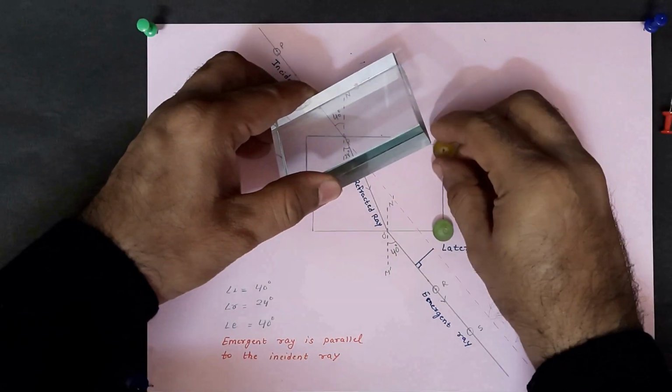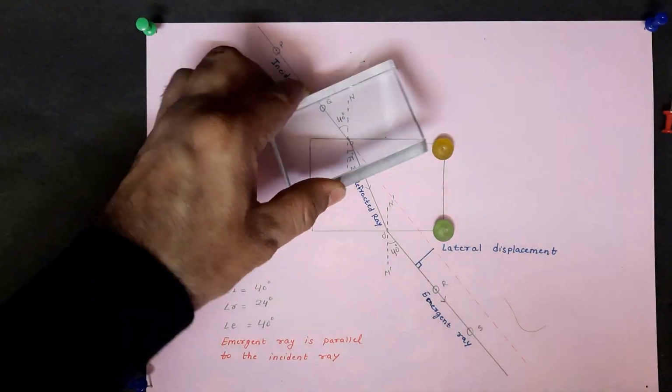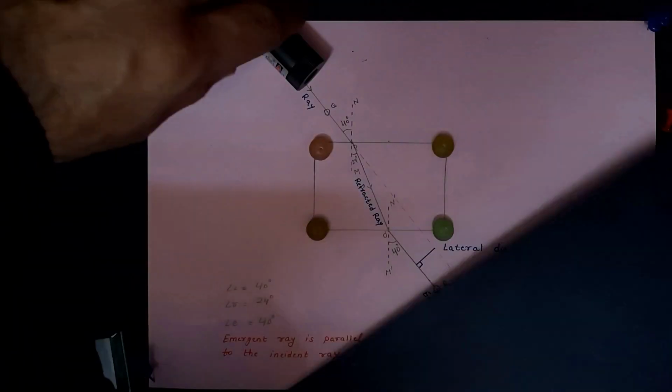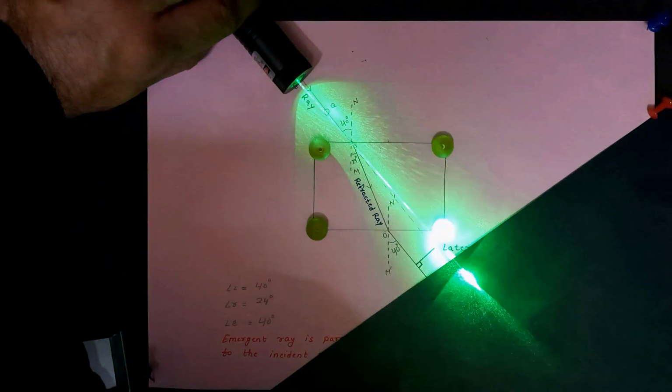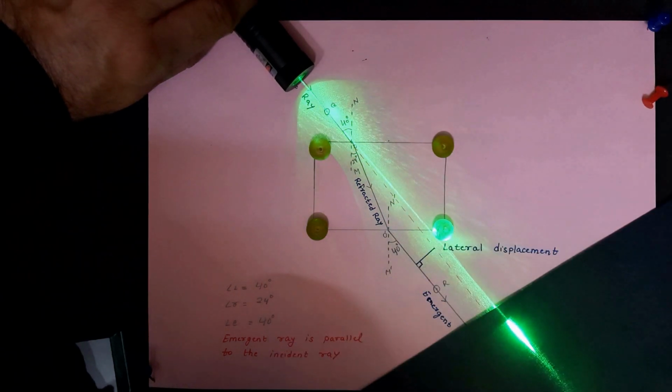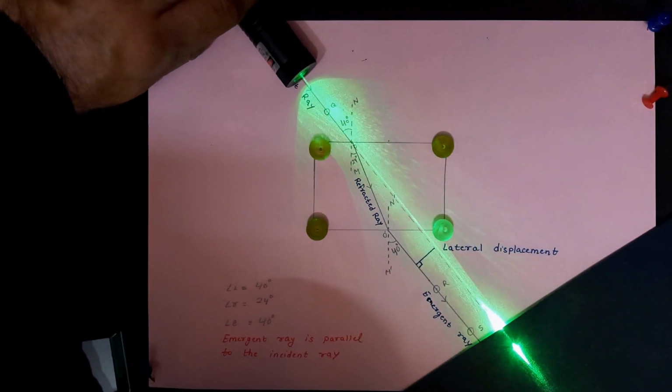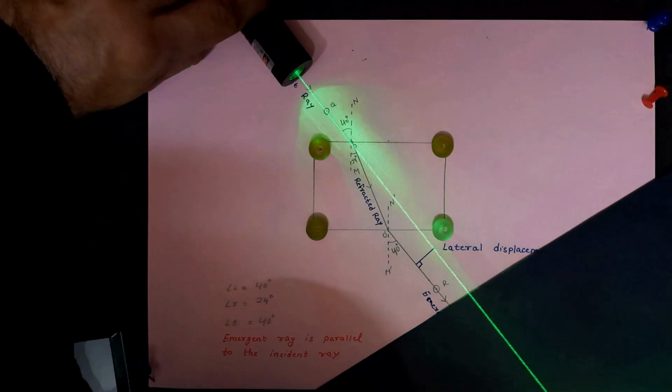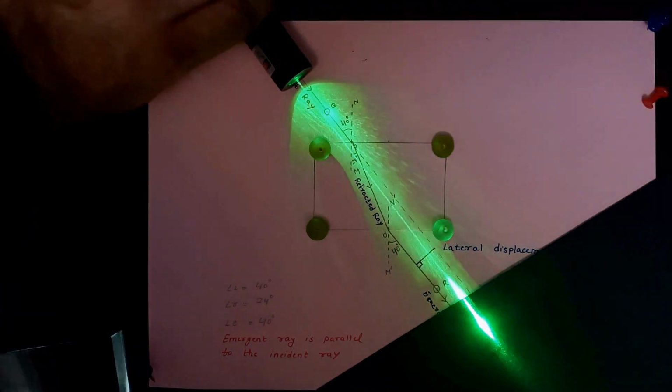Now we are going to check our activity with laser light. When we place the laser beam on the incident ray, we observe that it exactly follows the extended line we drew. This is the direction of the incident ray.